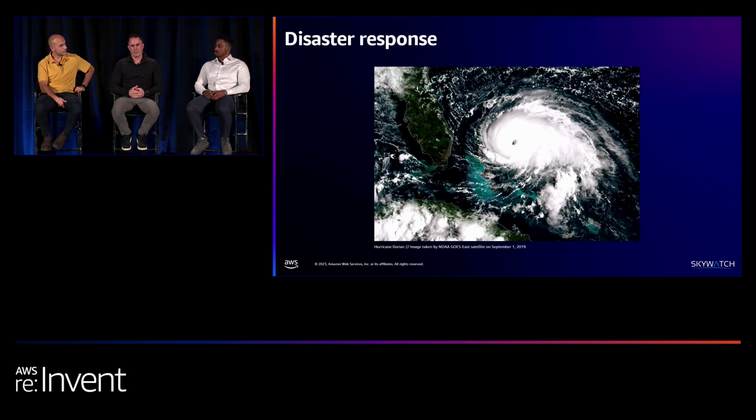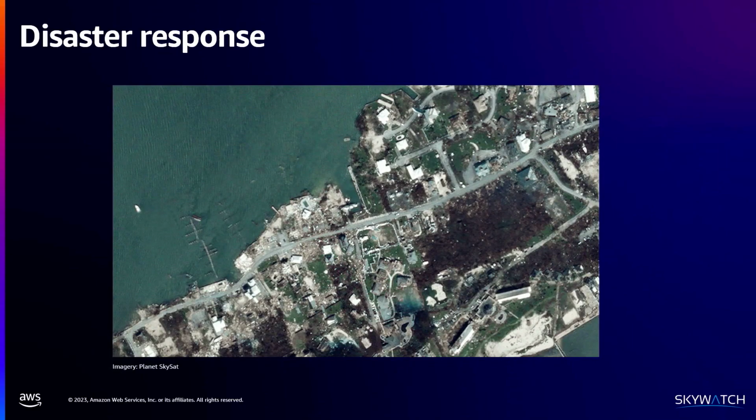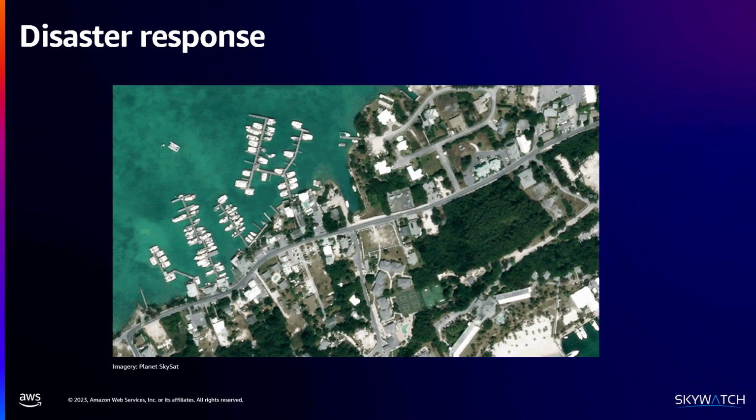And so a great example is Hurricane Dorian that struck the Bahamas in 2019. Certainly there's lots of hurricanes that cause lots of damage, but in this case, there were rescuers and respondents going to provide aid, and they called on us actually to help them prioritize where they were going to focus. So if you go to the next slide, this is a time series of a place called Marsh Harbor in the Bahamas, a before and after.